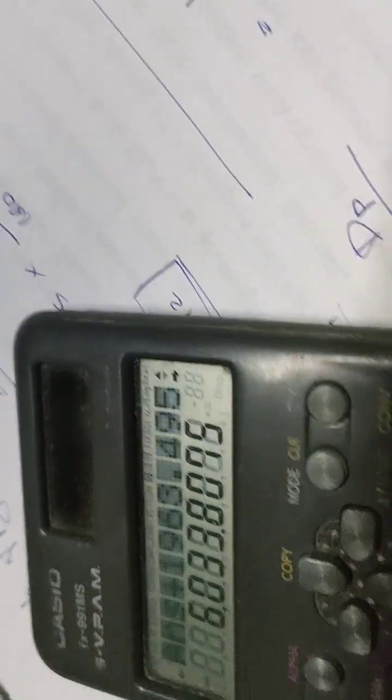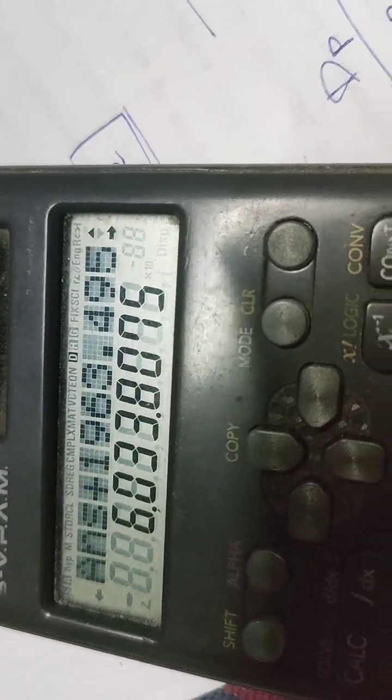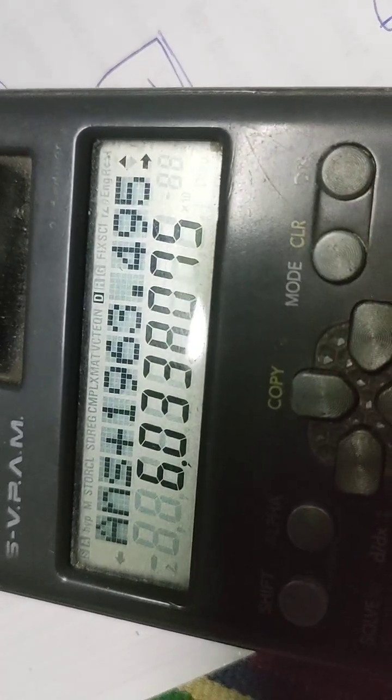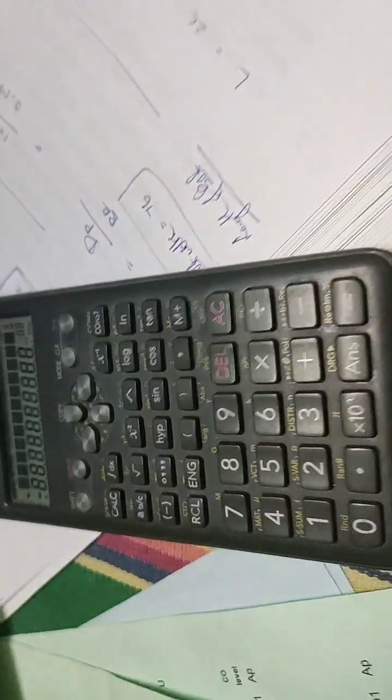Answer plus 5 plus 4000. I get the answer 6033.80 mm. This is the length of the belt I'm getting.